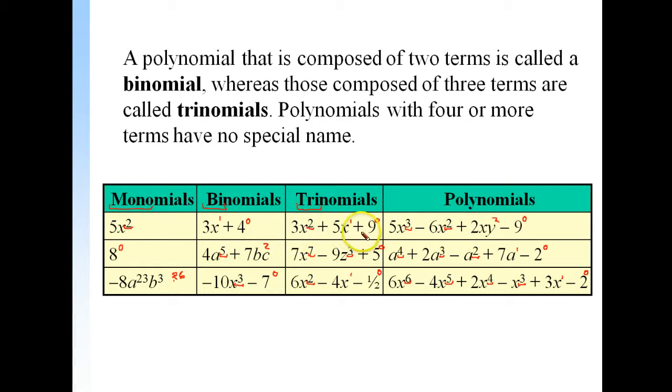That's the degree of the expression. Here it's 7, 2, 3, 4, 6. Notice in all of these, they have put the degrees in descending order. That is, it's the highest and then going down. This is descending order.